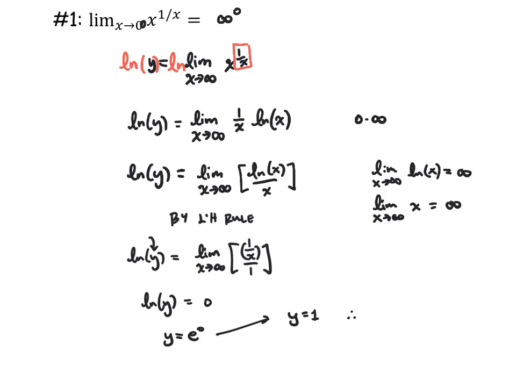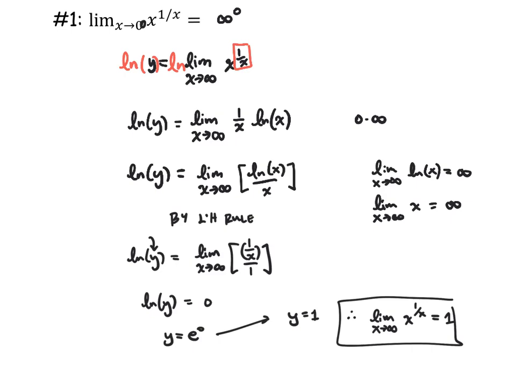Thus, the limit as x goes to infinity of x to the 1 over x equals 1. Pretty cool that infinity to the 0 is 1. Not everything to the 0 power is 1. Not every form infinity to the 0 will equal 1, but this one does.